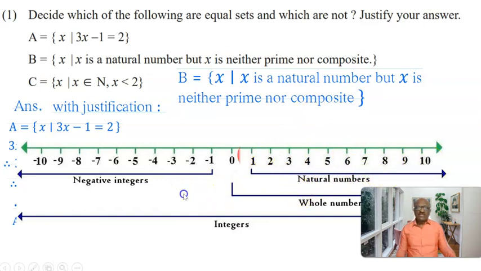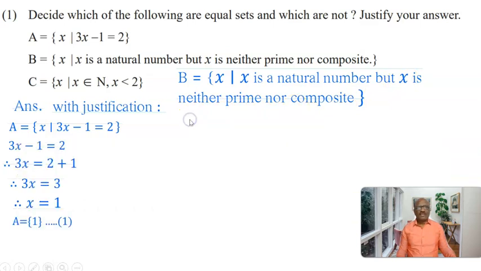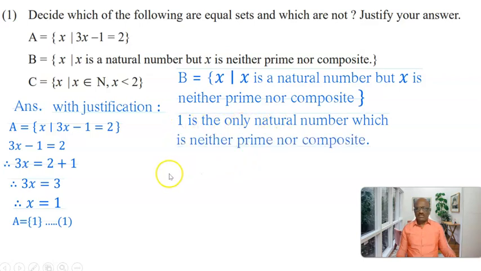There is only a single element. This is the one. One is the element which is natural and it's neither prime nor composite. Therefore, the set B has only one. One is the only natural number which is neither prime nor composite. Therefore, x is equals to 1. Therefore, set B has one element only.